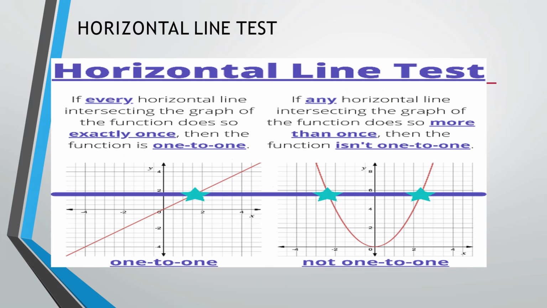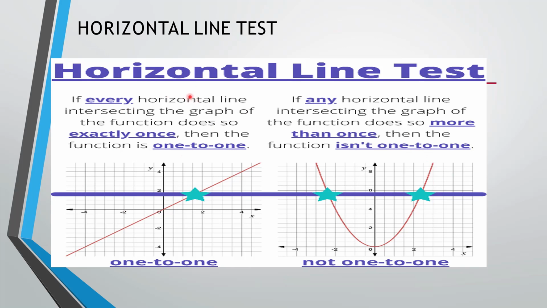Horizontal line test. If every horizontal line intersecting the graph of the function does so exactly once, then the function is one to one. Or if any horizontal line intersecting the graph of the function does so more than once, then the function isn't one to one. Means if a horizontal line is drawn at any point or any region of a function in a graph, and it intersects the function two or more times, then it is not one to one.